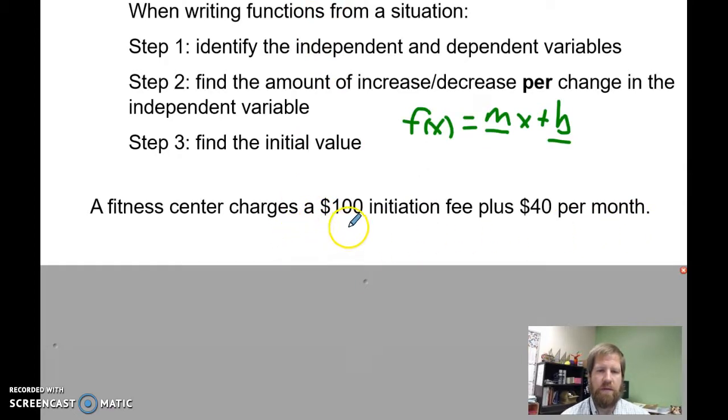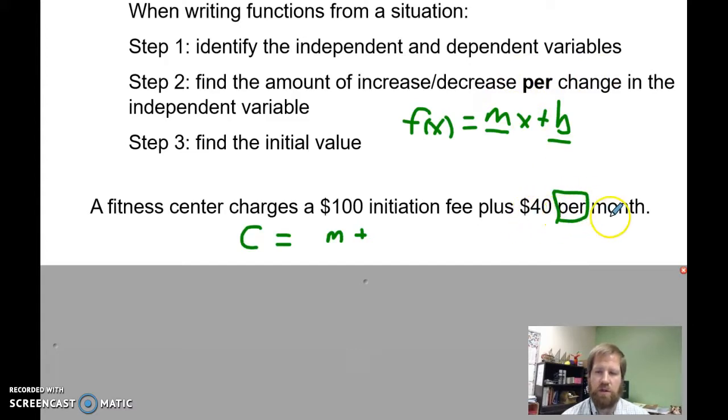Okay, so I've got my cost, which I will have as C, right? And then, so my cost is equal to something times the number of months I go plus something. The amount of increase per change, that "per" is a key word to look for.